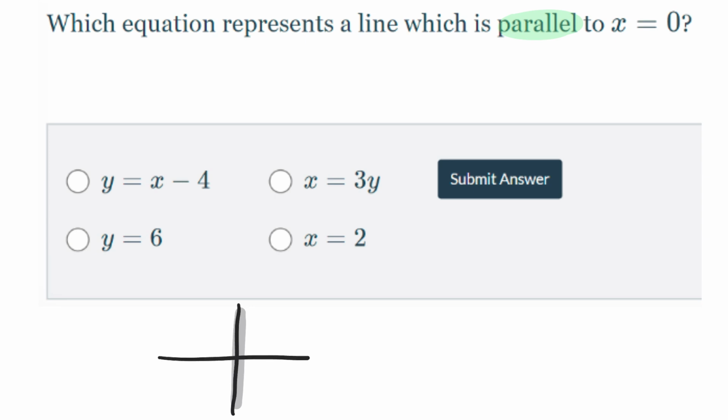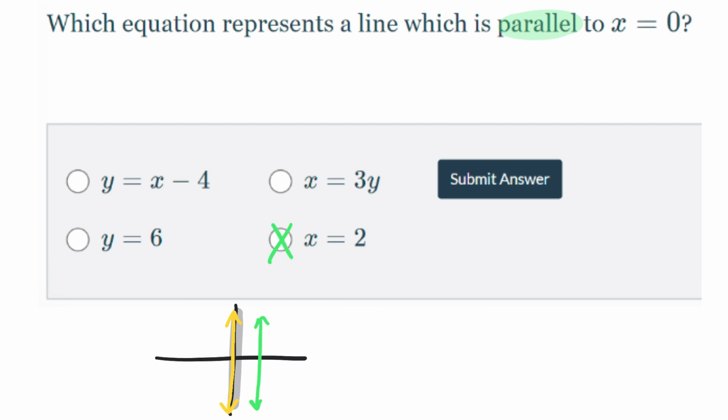And remember, x equals lines run vertically. In this case, x equal to 0 is actually right on the axis here. So regardless of where I move this line, it's going to be an x equals. So if I want to draw a parallel to a vertical line, any vertical line will work. So I would need another x equals. When I'm looking for parallel, I want to keep the same variable, x equals.